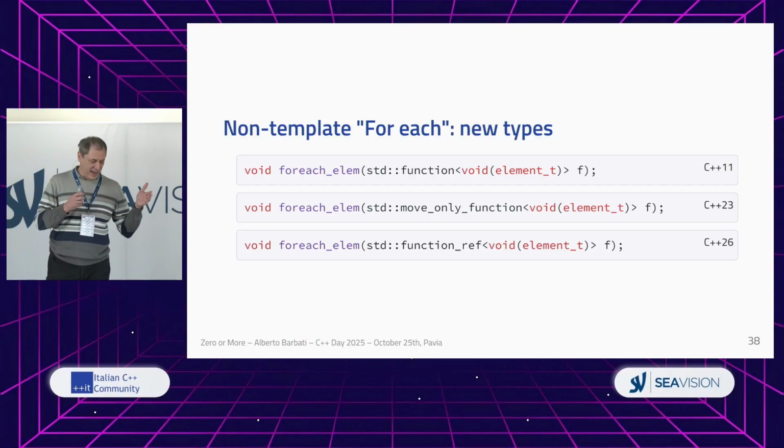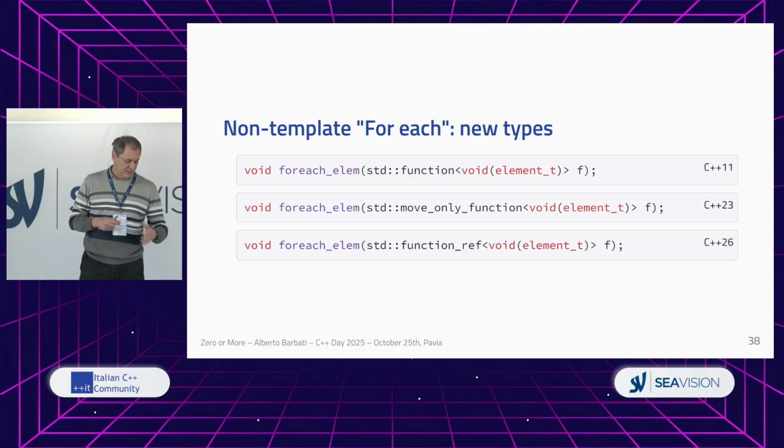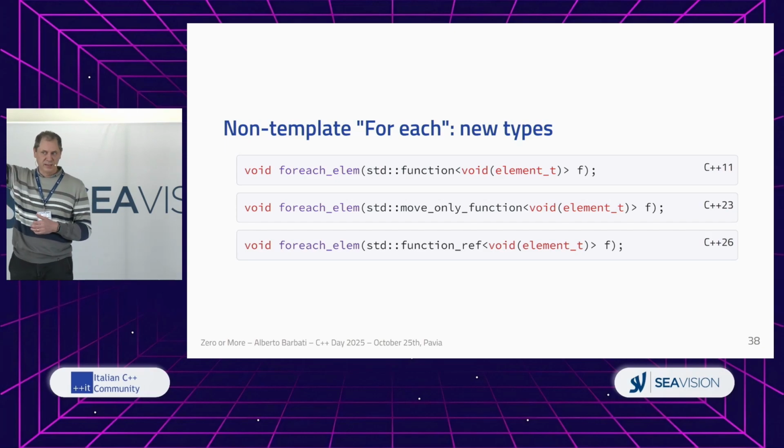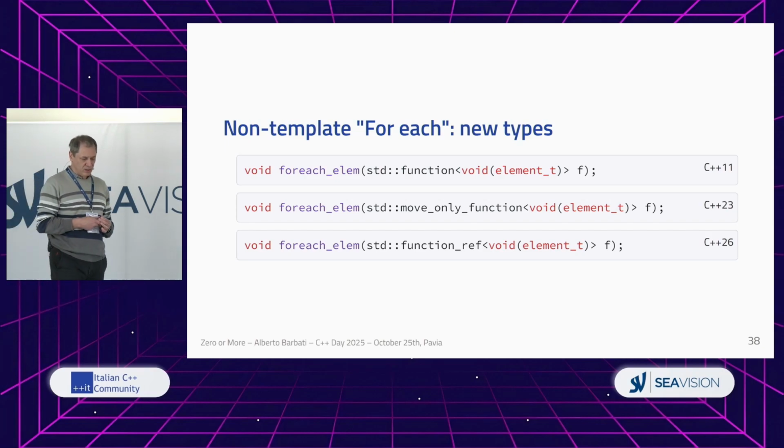So it has the same improvement as move-only function, but you don't even need to copy the state of the object. If you have an object with state, you don't even need to copy it into the argument. You just pass it, it's like passing a pointer to the object that lives on the stack frame of the caller.